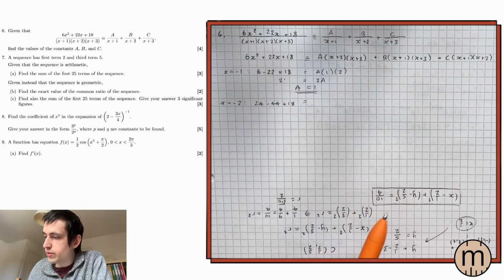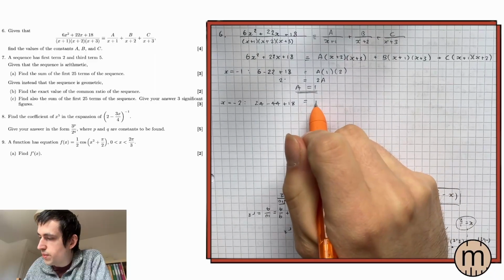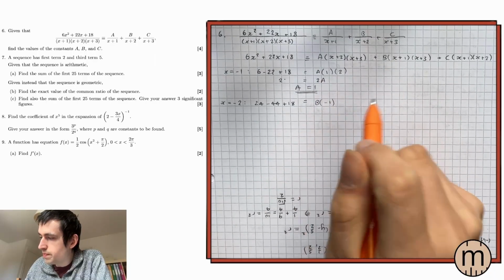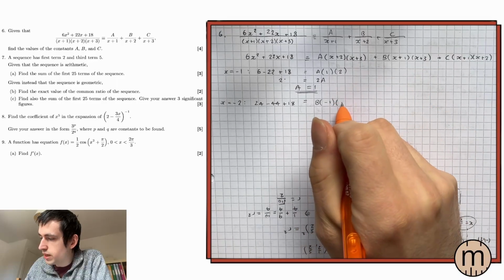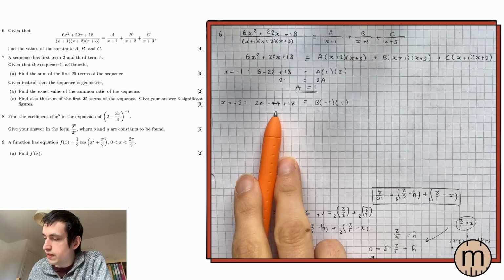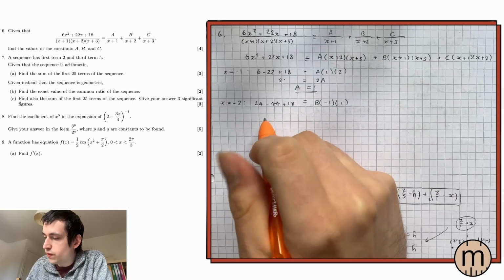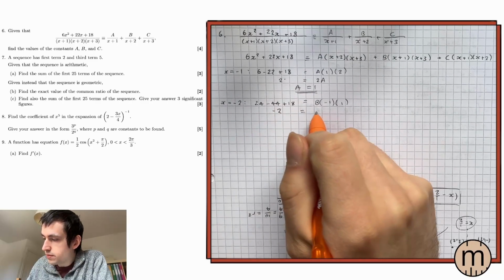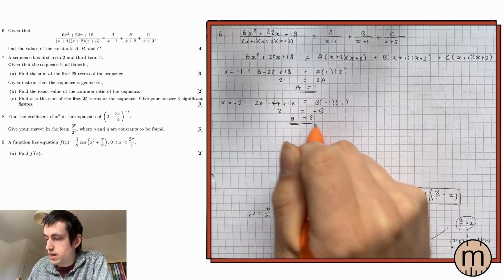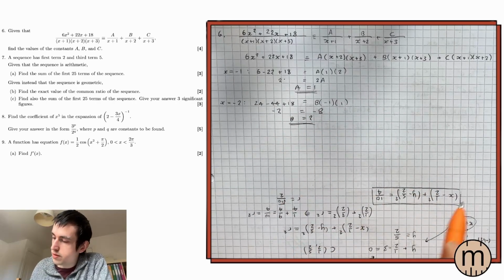So all we'll be left with is B. And for B, we'll have minus 2 plus 1, so minus 1. And then minus 2 plus 3, so 1. And then over on this side, we'll have 42 minus 44, which is minus 2. So minus 2 will be minus B, which means that B will be equal to 2.